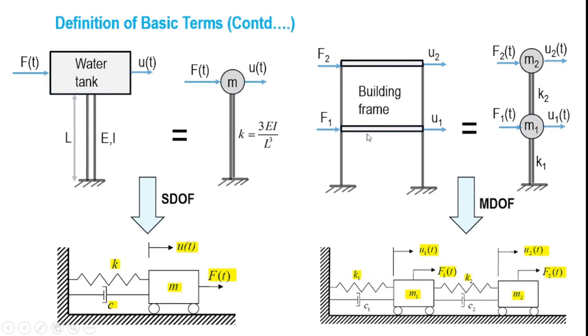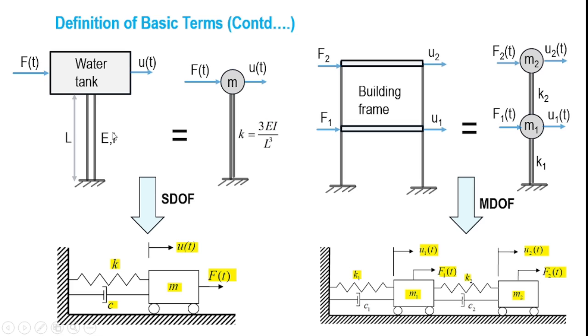Look here. In order to explain a practical case of a single degree of freedom system, I have shown a water tank. You must have seen in many cases the water tank is supported at some elevation through a system of columns.